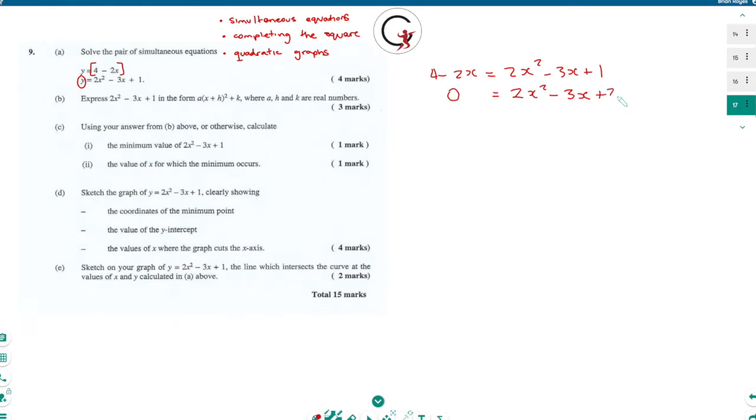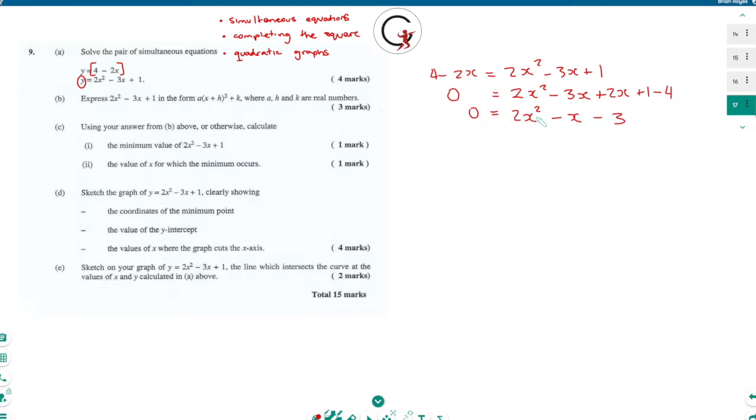So that's plus 2x. I'm going to rewrite plus 1 and then minus 4 on that side. So 0 is equal to 2x squared, which remains because there's no other x squareds. Minus 3x plus 2x is just minus 1x. And then plus 1 minus 4 is negative 3 as well. And that's equal to 0.